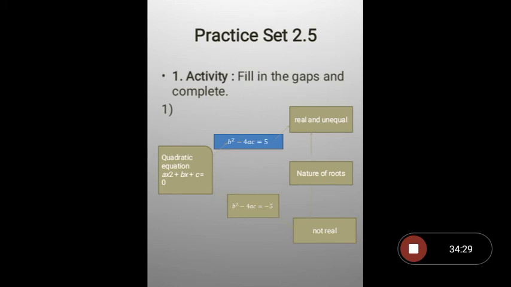The value of b square minus 4ac is given as 5 and they ask you the nature of the roots. The b square minus 4ac is equals to 5. The value is positive, that's why the roots are real and unequal. Second one is given minus 5. The nature of the roots is not real.